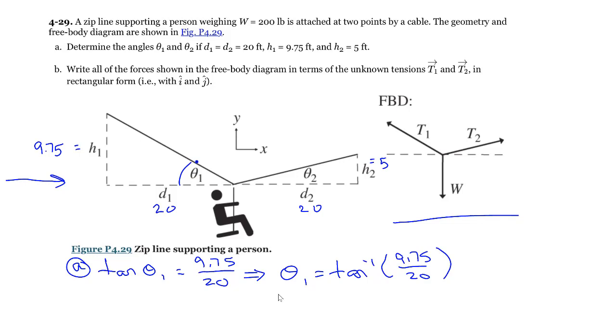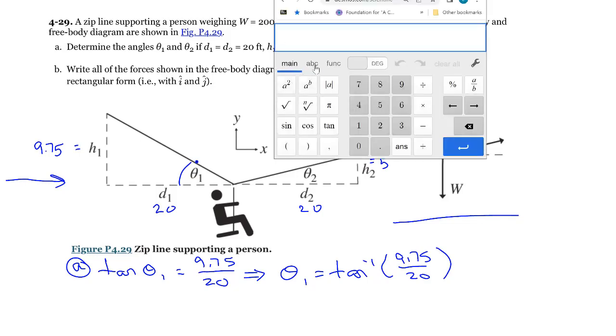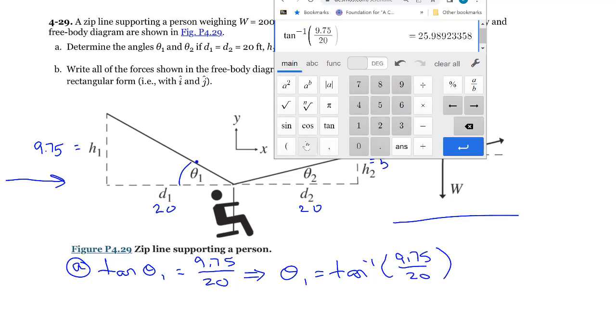Let's get our calculator back. I have the inverse tangent of 9.75 over 20. Again, I'm in degrees. My answer is 25.99. I think that's sufficient.